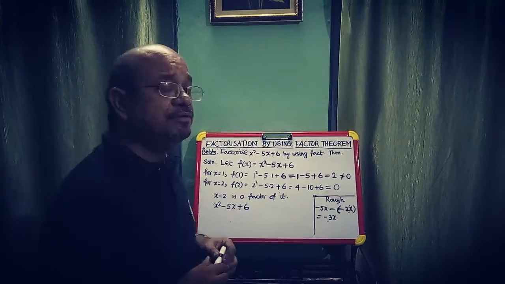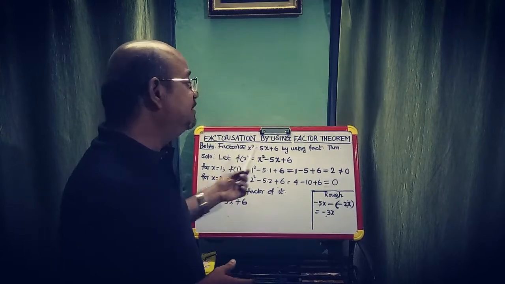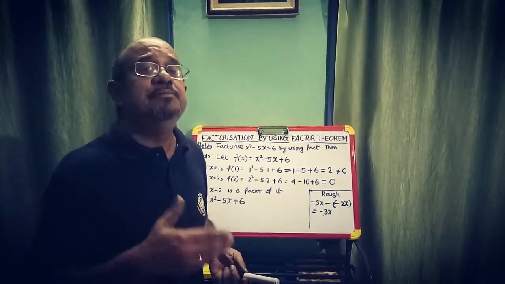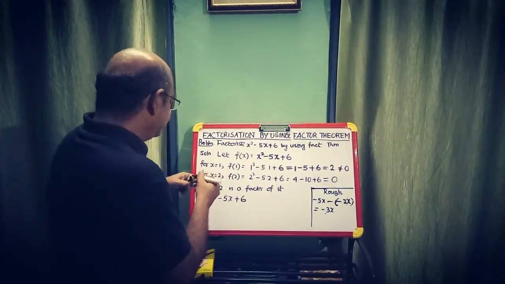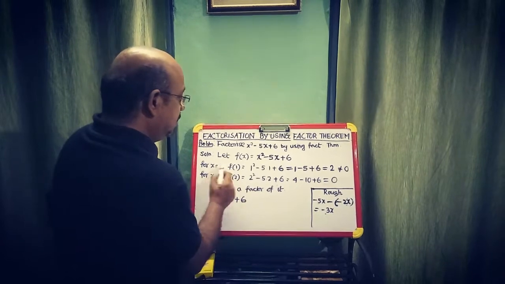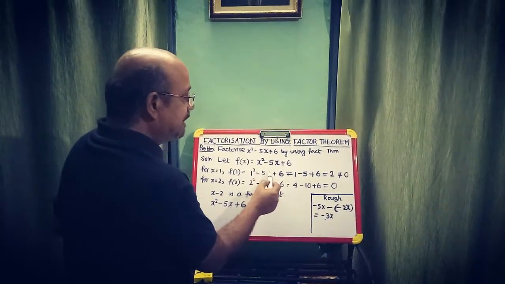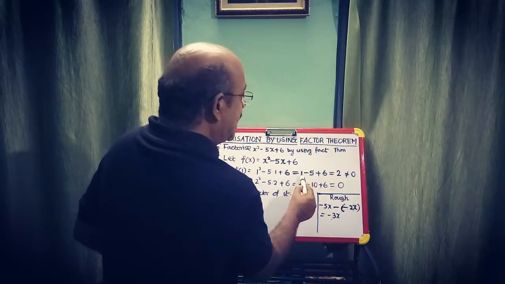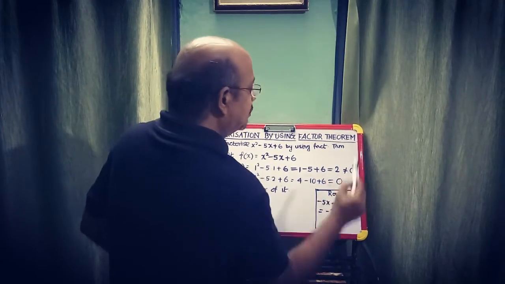How do we achieve that? We will substitute different values of x in f(x) and check whether it is giving 0 or not. If it gives 0, fine. Otherwise, we will move on to the next value. I have first substituted x equal to 1. f(1) is equal to 1 square minus 5 into 1 plus 6, which gives 1 minus 5 plus 6 equal to 2, which is not equal to 0.